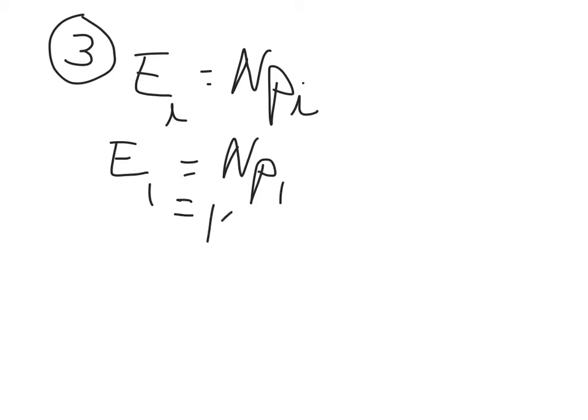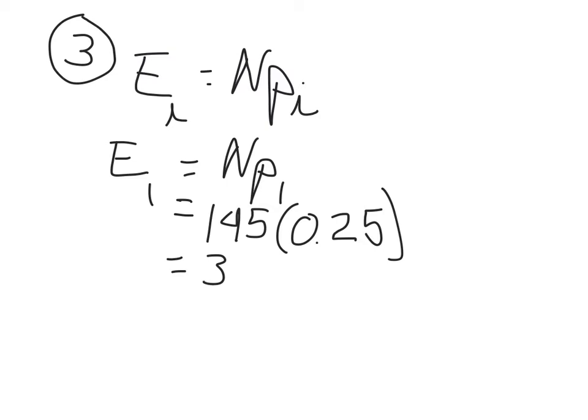So in this case it's going to be 145 times 0.25, and that's going to give me 36.25. That's also going to be true in category 3 because I have the same probability.